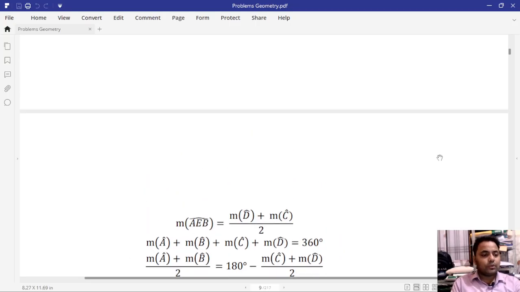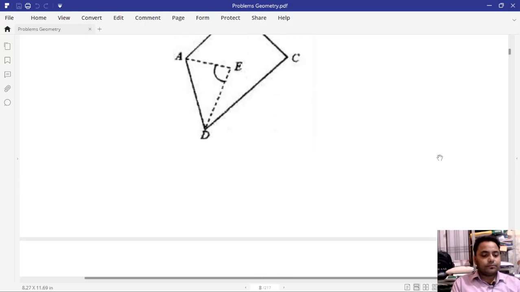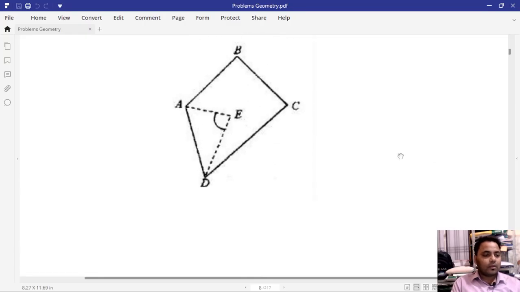So the angle AEB is equal to half of the sum of angle D and angle C.